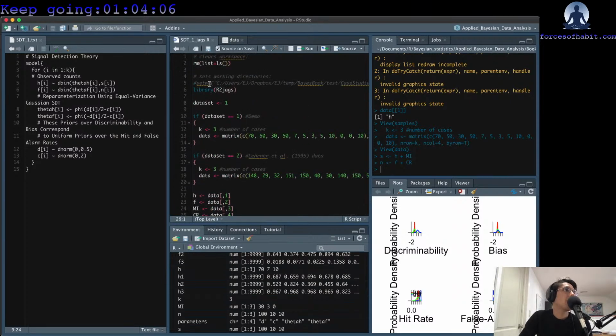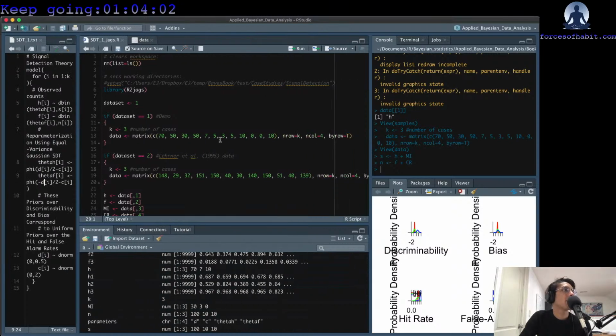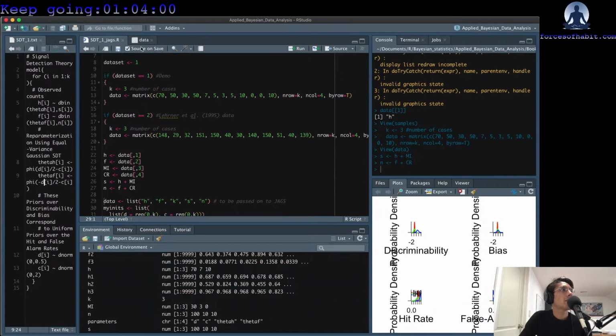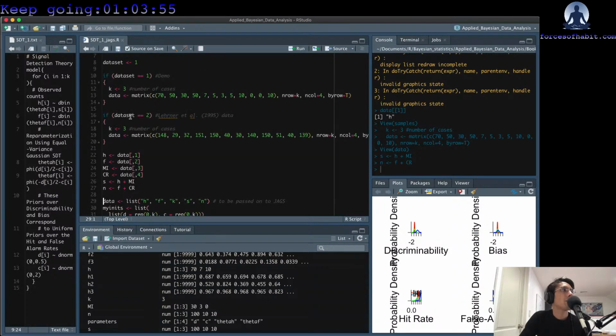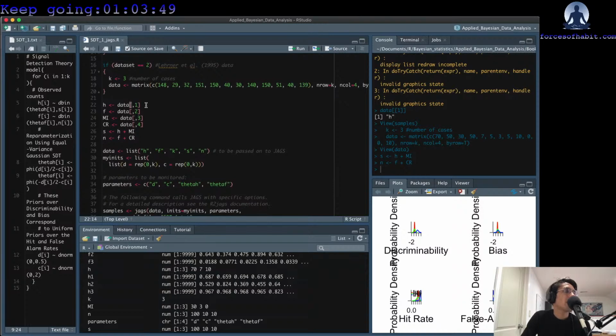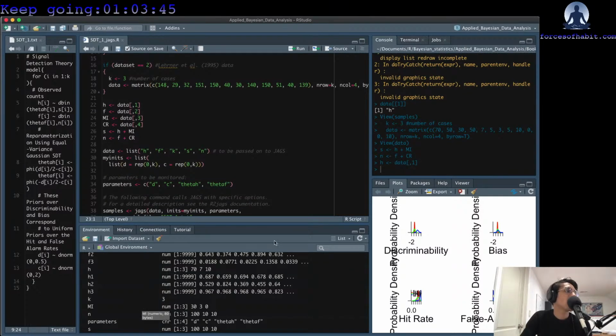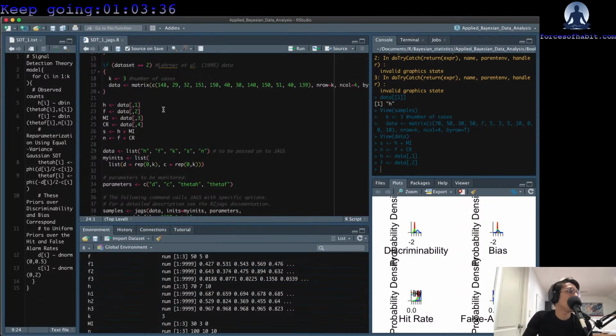But in the R code, here's the data as we were looking at before. So we have 3 data sets we're going to be looking at for this first metadata set, right? And H is the hit rate, so it's going to be equal to H. So H is the hit rate across all of the cases, and the false alarm rate across all the cases.